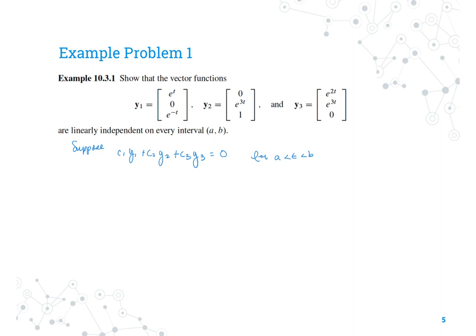So if we were to rewrite this as a matrix, we would then have e^t, 0, e^(-t), 0, e^(3t), 1, and e^(2t), e^(3t), 0. And this will be multiplied by a column vector of our coefficients, and it has to equal 0.